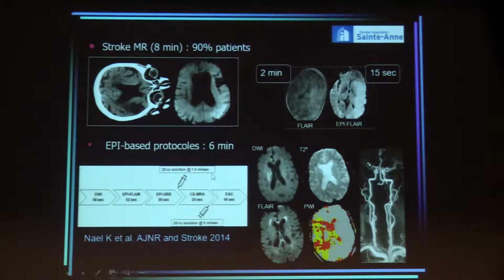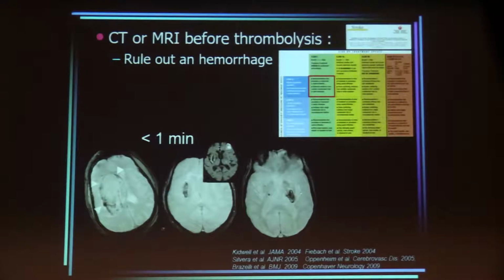And there is some data in the literature showing that you can do everything in 6 minutes, not 8 minutes, but 6 minutes, if you turn all your sequences to EPI, echoplanar-based imaging. You use EPI for DWI, for the T2 star weighted sequence, but also for FLAIR. Then you give contrast and you perform first the MR angiography, and then you perform the perfusion weighted imaging to try to detect some penumbra. I will talk about that later. So what is that good for?